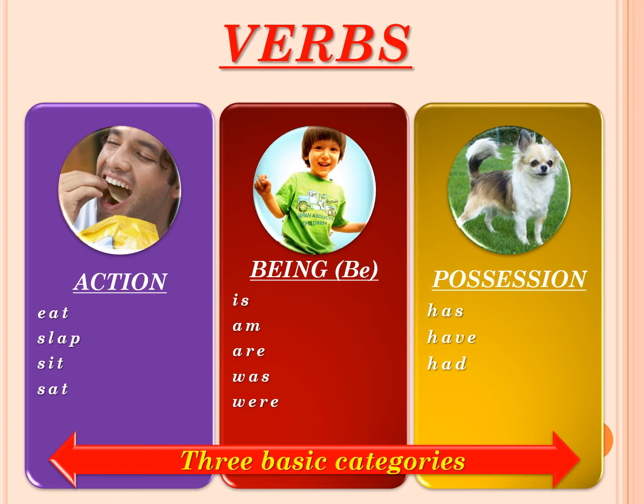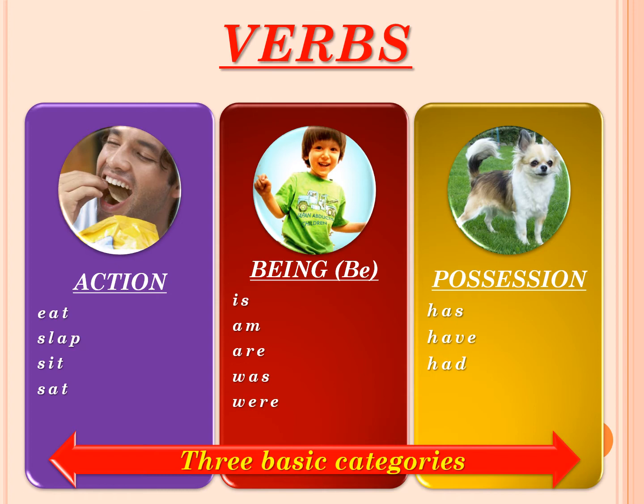Have a look at the picture given there. He is a boy. So here, the word is is telling us what this boy is. So that means is is a verb which is showing being. Is is showing that this picture is of a boy.